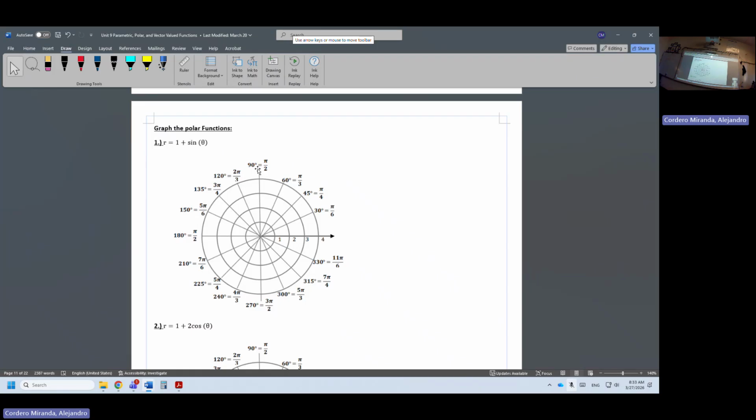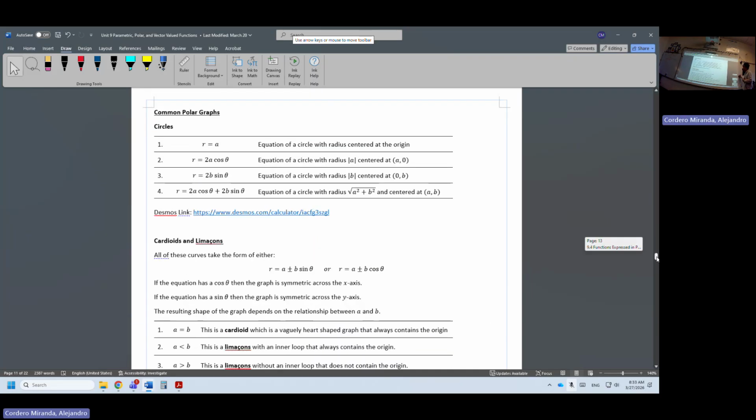So watch this. In case you forgot how these go, look at the next page, it tells you some shortcuts to take. If the graph looks something like this, then it'll be a circle, or it'll be whatever.